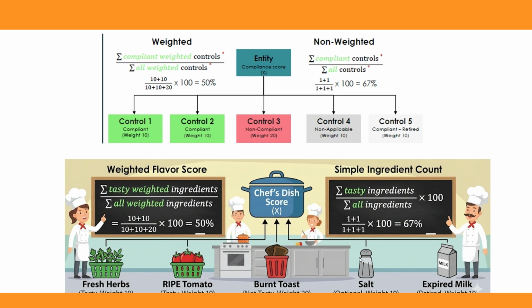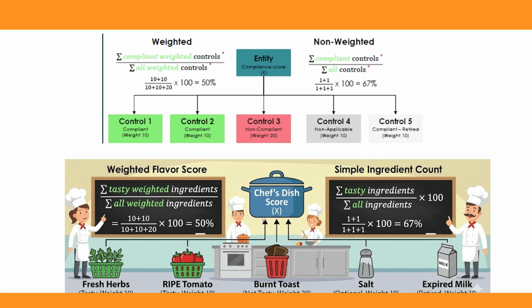Now control 4 is the salt, which is optional, so not needed for this recipe, so it is not applicable. And finally the expired milk, which you don't want to put in anyway, so we need to throw it away, so that means it's a retired control. Now let's try to understand the flavor logic.